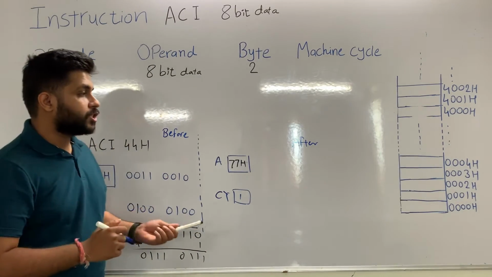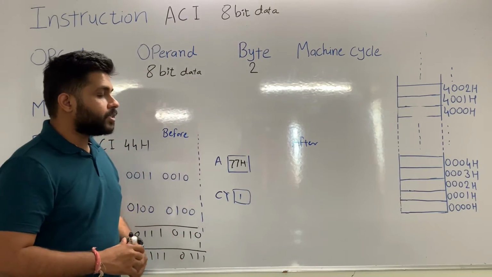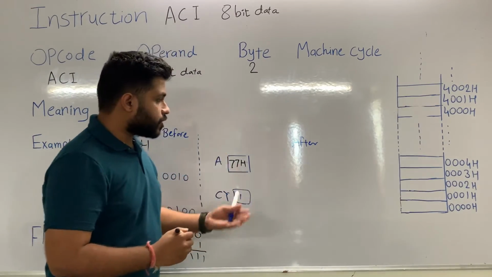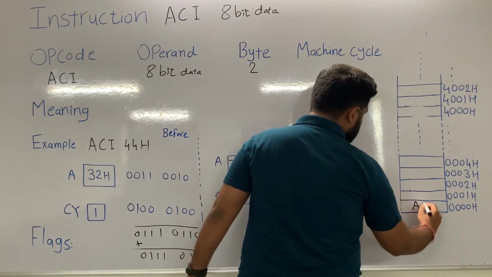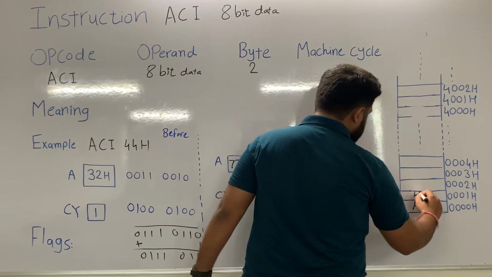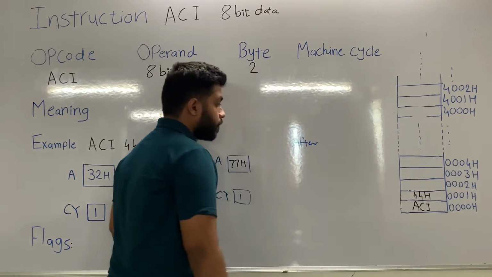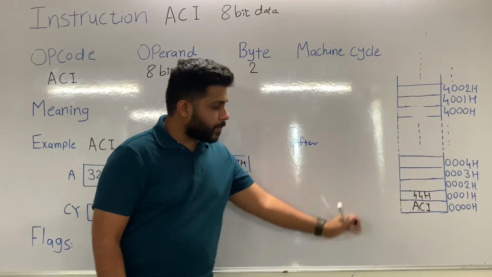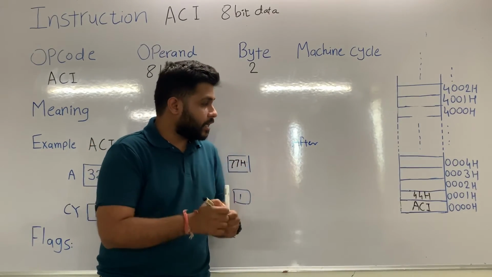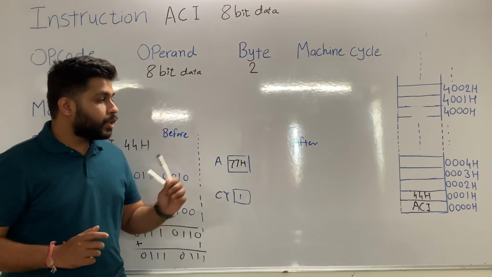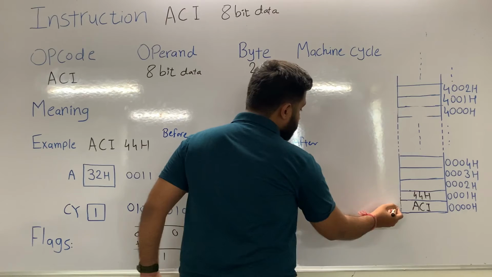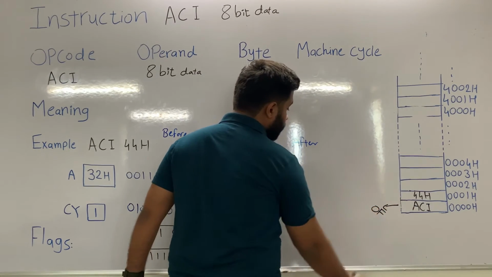Now let's see the machine cycle. Because this instruction is of 2 bytes, when this instruction is stored in the memory, it will occupy 2 memory locations. So in the first, the opcode will be stored, and in the second location, the data will be stored. After the instruction is stored in the memory, the microprocessor will start doing its task, that is to fetch, decode and execute. To fetch the instruction, the processor will perform the first machine cycle, that is opcode fetch.